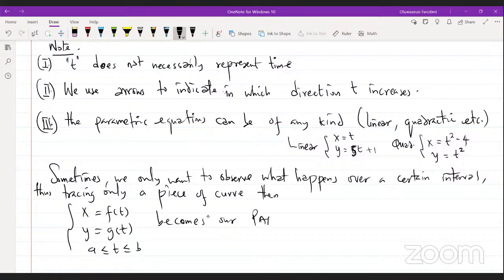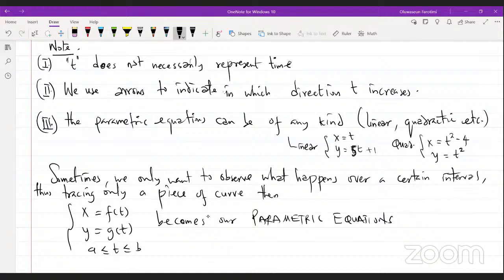This becomes our parametric equations. So what's the difference between this parametric equation and the one on top? The only difference is that in this case, we are restricting it to a domain, or to an interval. So sometimes we only want to observe what happens over a certain interval, thus tracing only a piece of the curve.